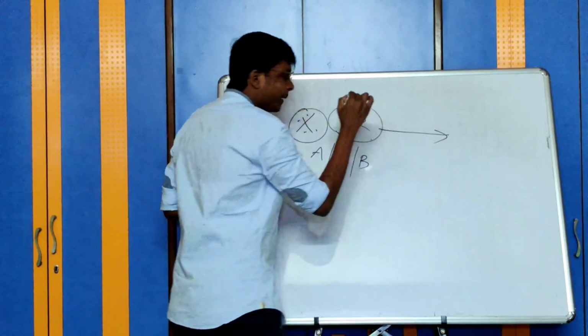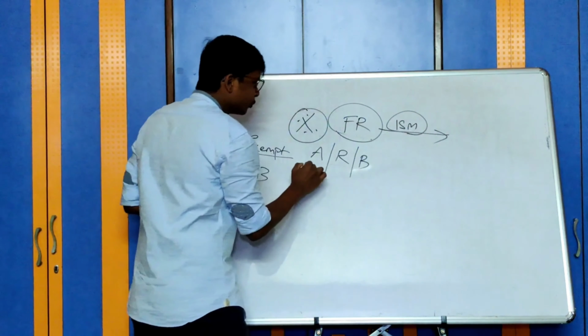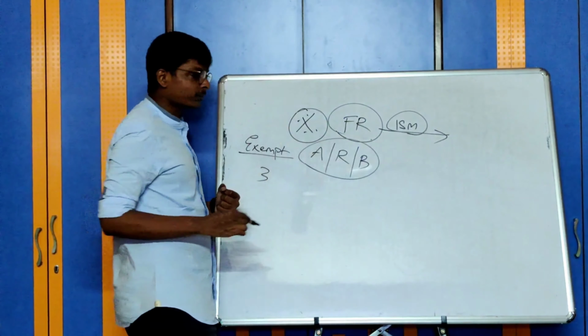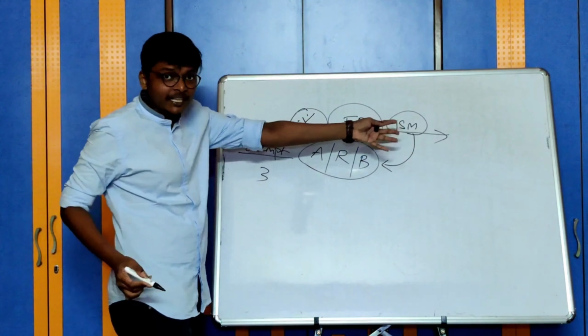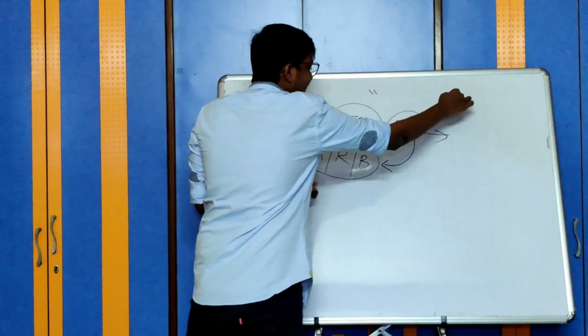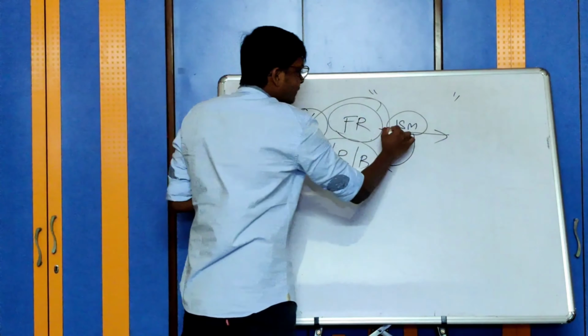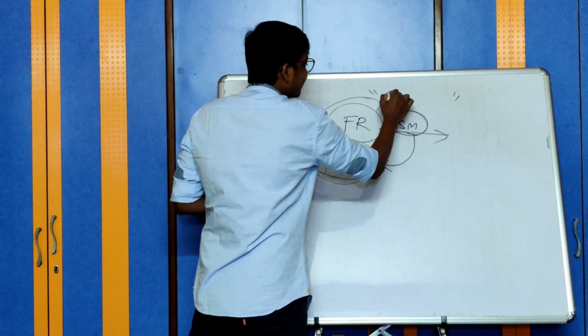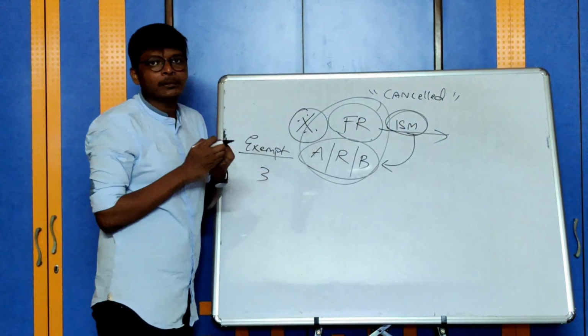Here, once you pass an exam, within the next 15 months you have to pass the other 3 exams. Meaning your entire 4 papers have to be scheduled and completed within 15 months. Otherwise, the exemption will be cancelled and you have to write the exam again.